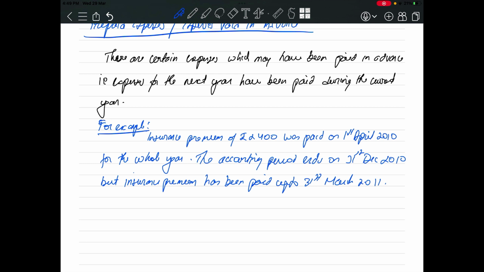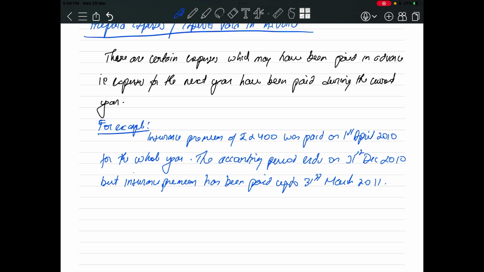Okay, so can we take any other example? For example, prepaid rent can be another example. Be it any expense, if it is prepaid or paid in advance, the concept will be same.